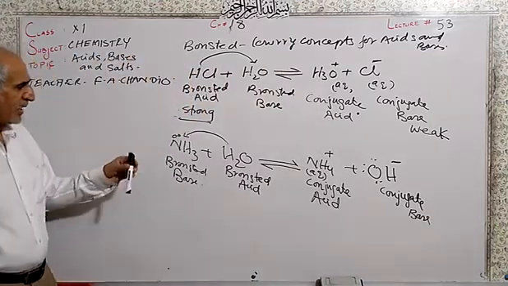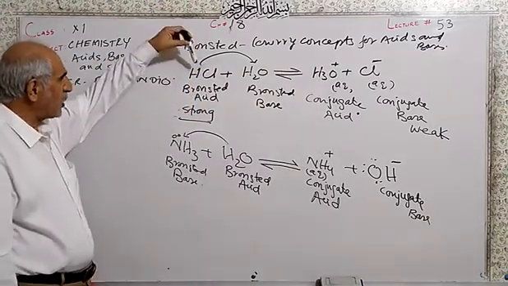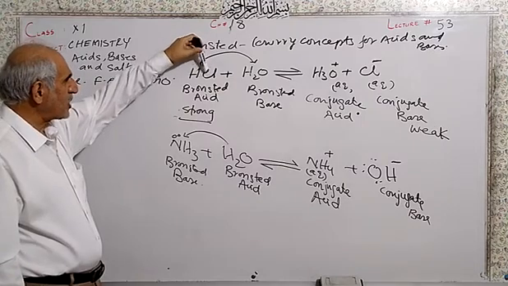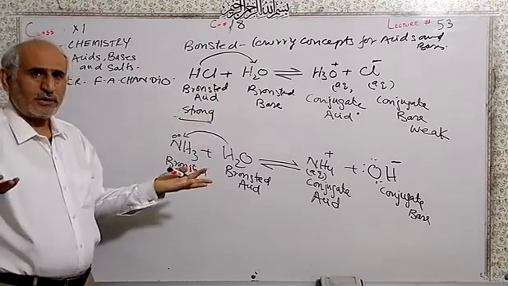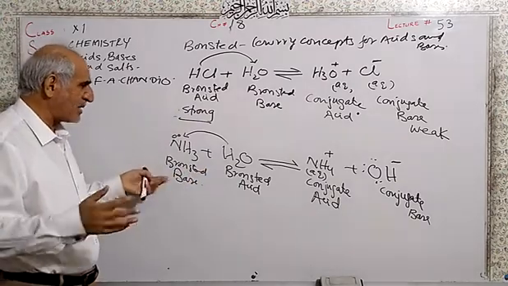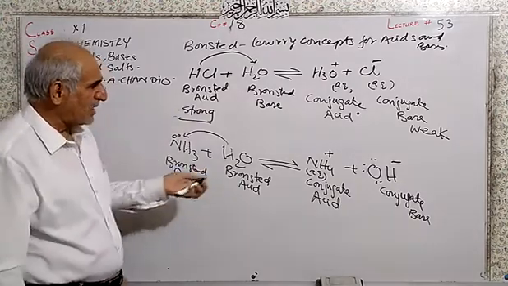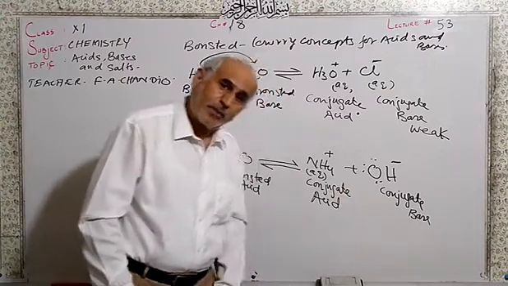The same definition: when the Bronsted acid gives a proton to the Bronsted base, the resulting species is called a conjugate base.